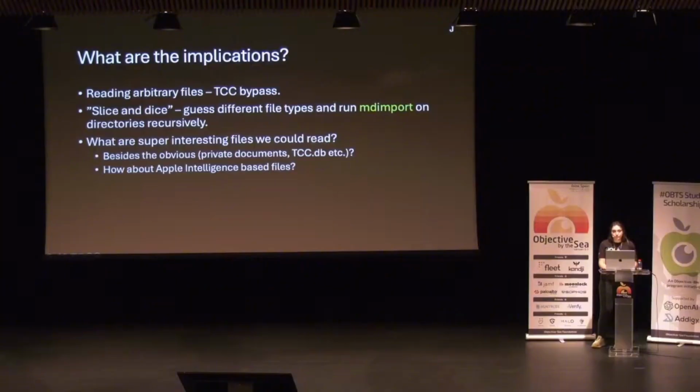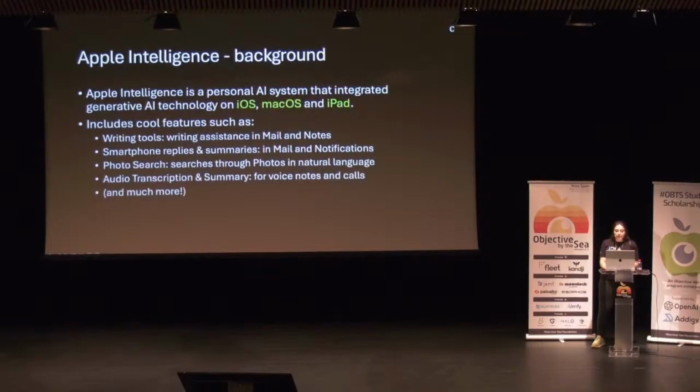Because of that, we wanted to make sure that we can extract SQLite databases, which leads us again to Apple Intelligence, which Christine is going to talk about. Yeah, I think that's a great foray into why we started looking into it, because we were thinking maybe Apple Intelligence will start parsing or caching or tagging or enriching some of these files for us in a way that's really easy to then index with Spotlight.